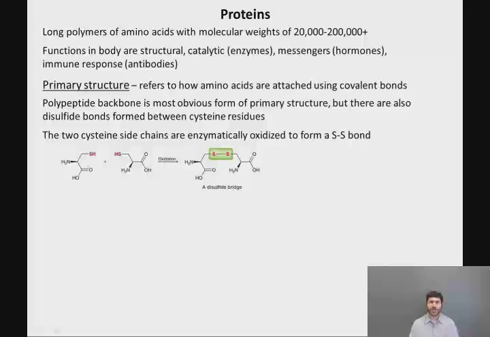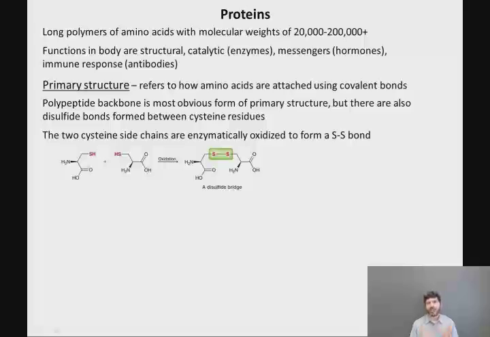So the primary structure of a protein refers to how the amino acids are attached to one another using covalent bonds. Okay, so obviously the polypeptide backbone is covalently bonded, and we've already looked at that in detail in the last several lessons.